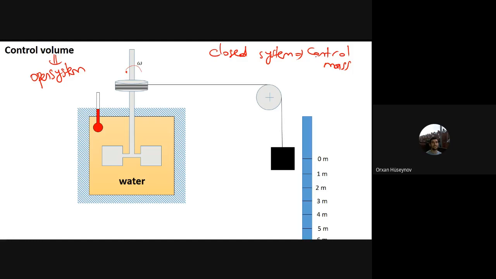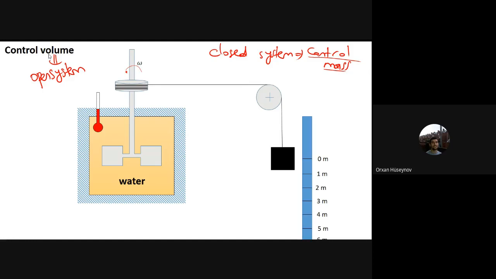If you are controlling the mass, if the mass is fixed, then it is called a closed system. Mass doesn't change. If the mass changes, decreases or increases, it is called an open system or control volume. Why control volume? Because you are controlling the volume. In most systems, the volume is fixed, it doesn't change, therefore it is called a control volume.